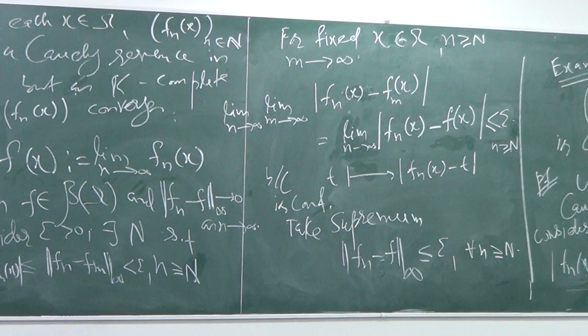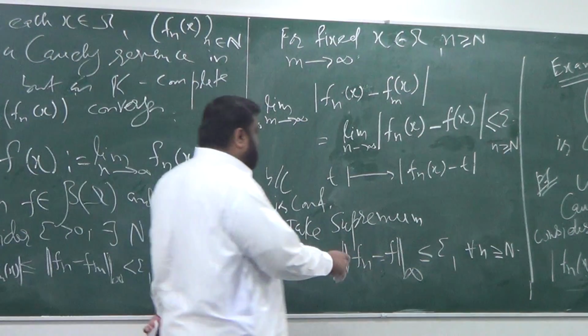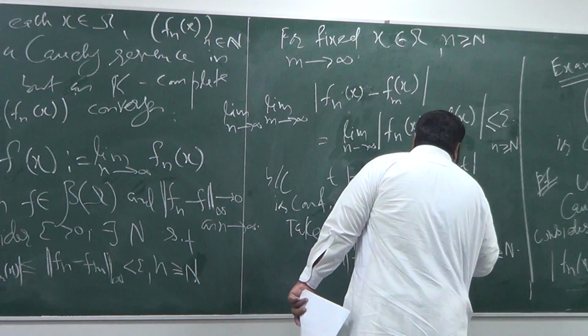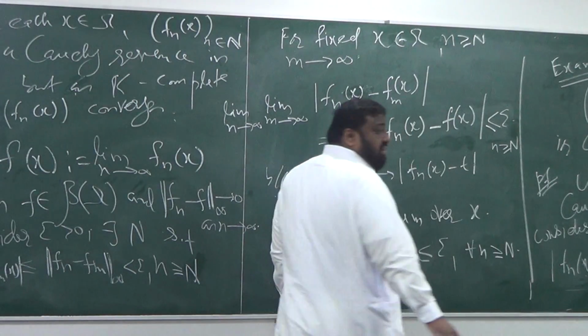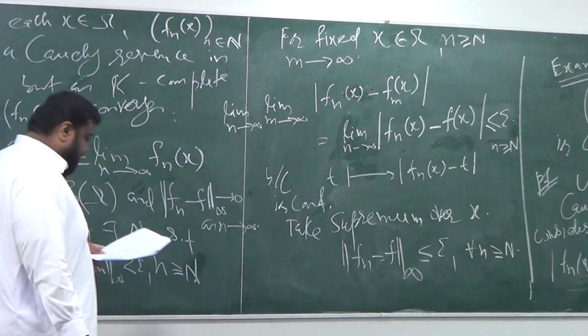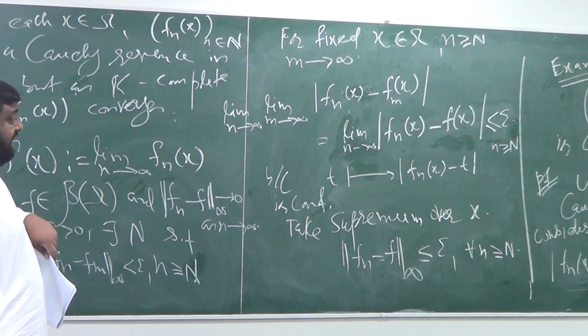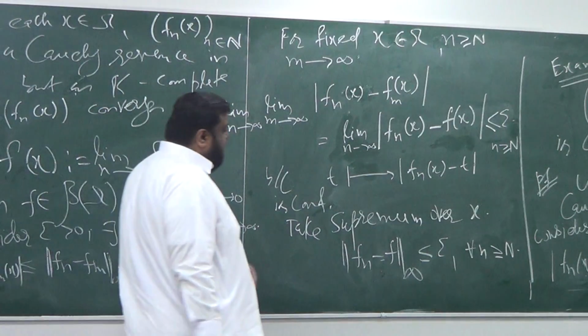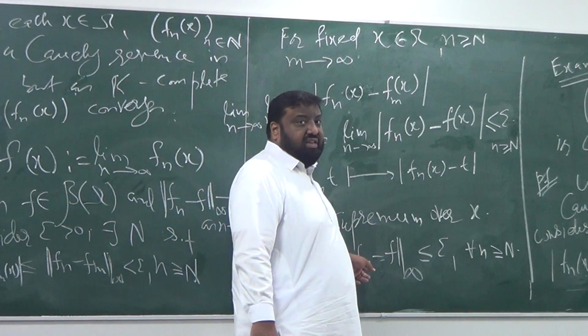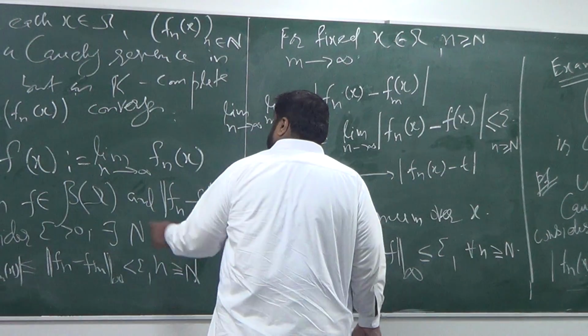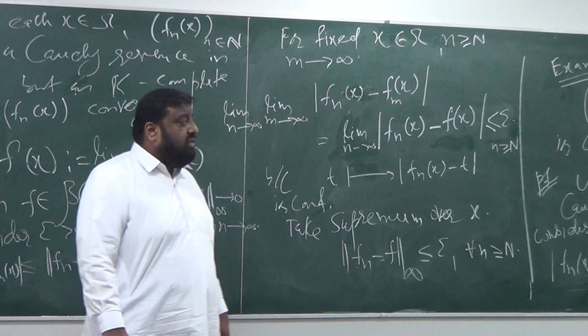So what does this show? I should be more explicit that I am taking the supremum over x. What does this show? This shows that the sequence f_n converges to f.